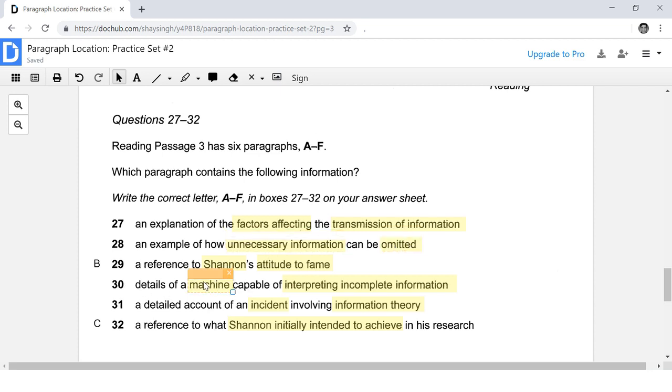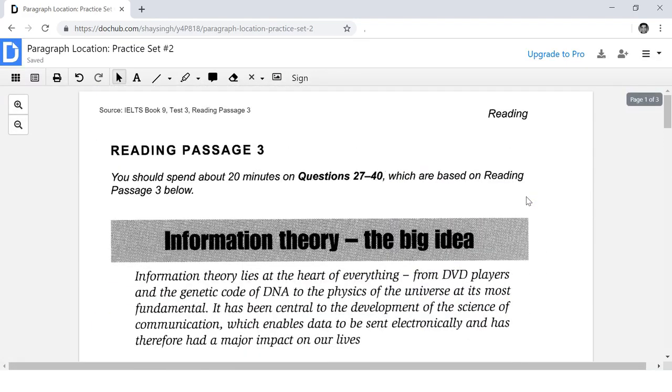Next, I am looking for a machine that can interpret incomplete information, some sort of a machine. Then, finally, I'm looking for an incident, something negative that happened regarding information theory. So those are the keywords that I'm going to have in the back of my mind as I go about scanning each paragraph one by one.